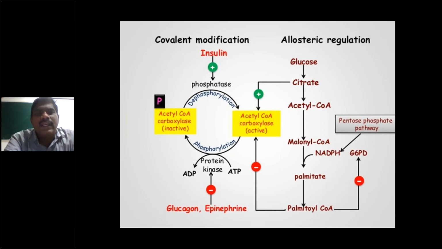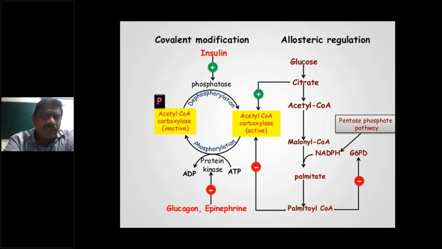Insulin keeps this enzyme in the active state by dephosphorylation. Observe the slide closely. On the left-hand side, you can see this P. P means phosphorylation. On phosphorylation, the enzyme is inactive, and by dephosphorylation, the enzyme is present in the active form.